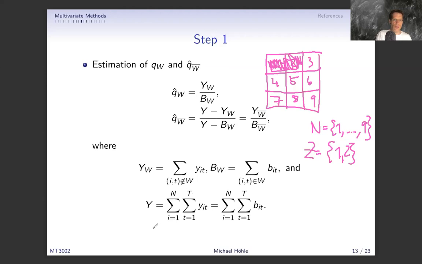And then Y bar is simply defined as Y minus YW. That would be the counts in all regions over all time points which are not part of the outbreak window. So that's the stuff that we can define.